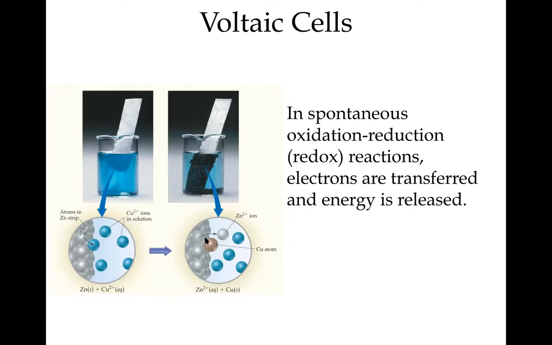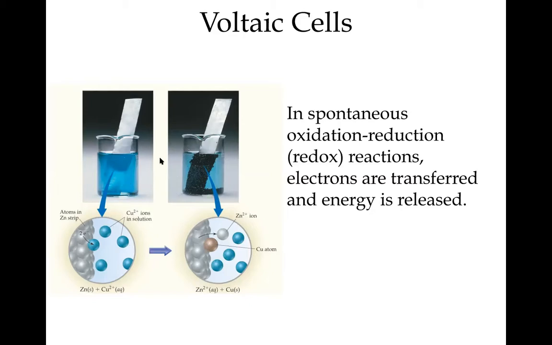So they are going to transfer these electrons right here, 2 electrons out of this zinc strip. And what those electrons are going to do is reduce the copper from a copper ion with a 2+ charge to just a regular old copper atom, right? So the zinc is being oxidized, the copper is being reduced, and as a result of that reduction, it's going to deposit onto the electrode here.